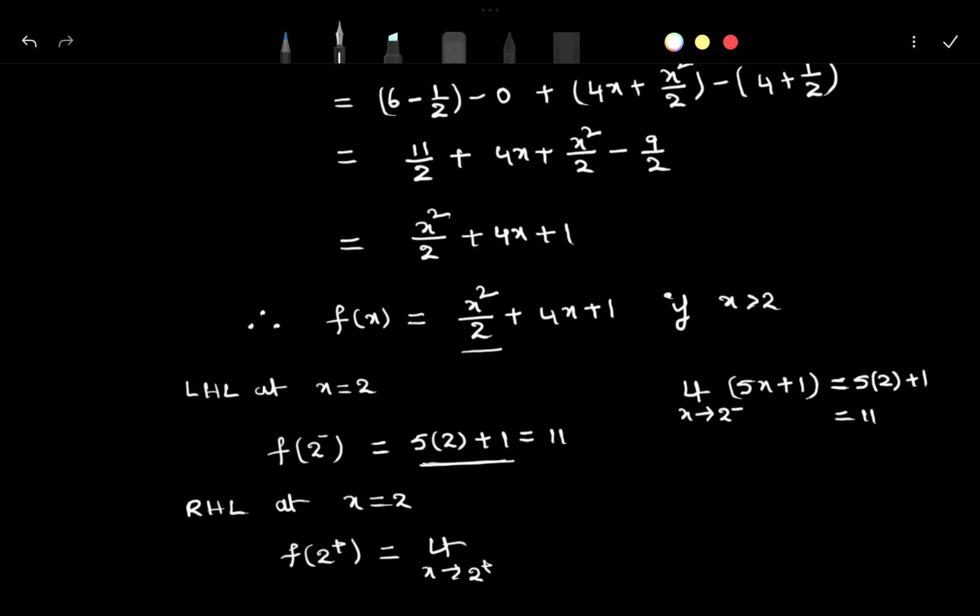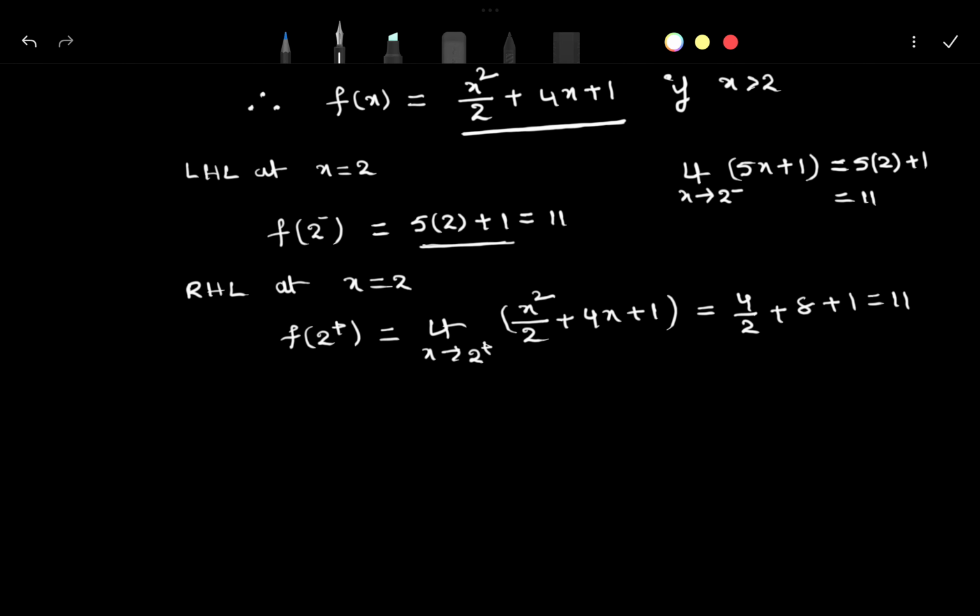Just now you simplified the f of x value. That value will be x square by 2 plus 4 into x plus 1. So now you put x equals 2 in this one. This value will be 4 by 2 plus 4 into 2, that is 8, plus 1. In total this value will be 11.